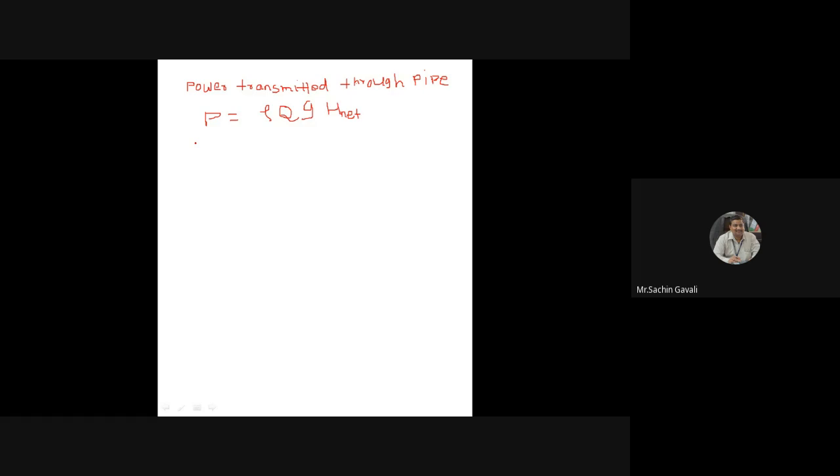Here Q is the discharge, from the continuity equation Q equals A V, so rho into area of pipe into velocity into G into H net, where H net is H minus HF.